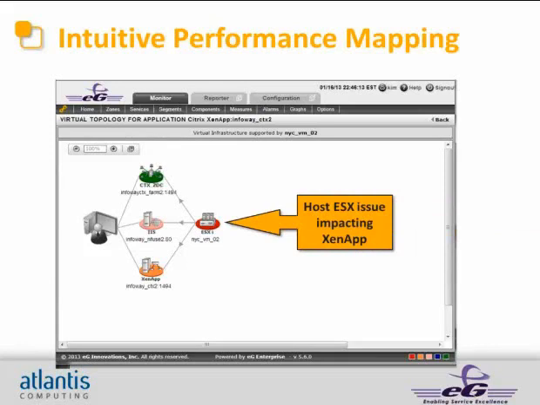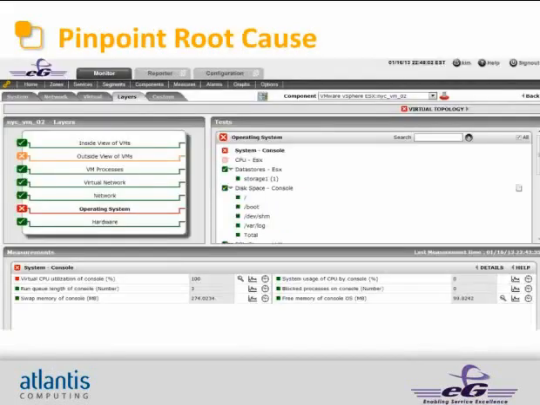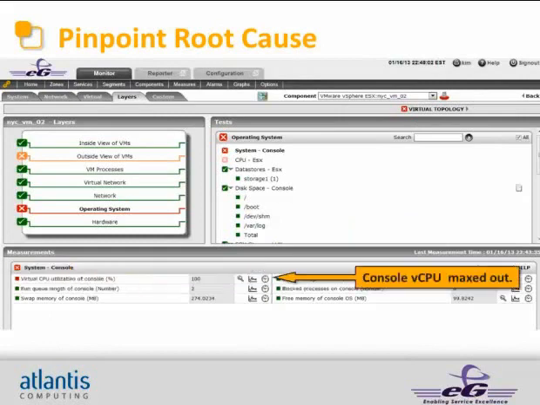So in a nutshell, we've gone down from the user impact to essentially an infrastructure layer where the potential problem could be. Drilling down into the infrastructure layer gives you the nuts and bolts details. As you can see here, in this situation, the vCPU on the console of the ESX server is maxed out.